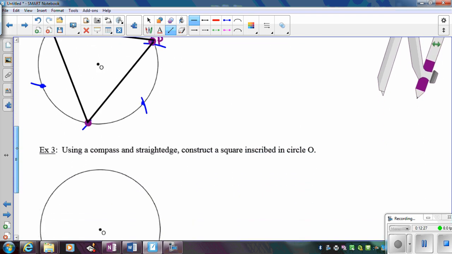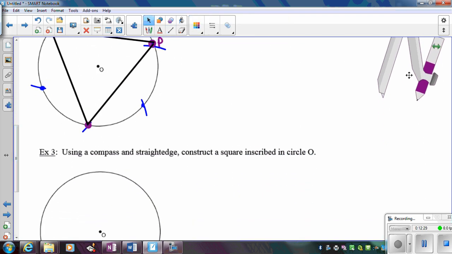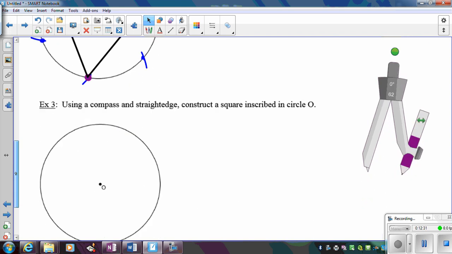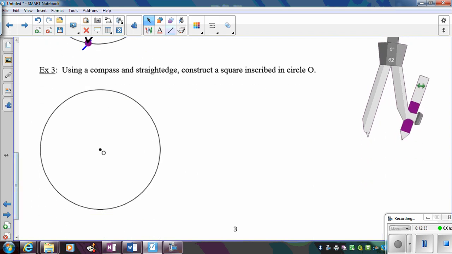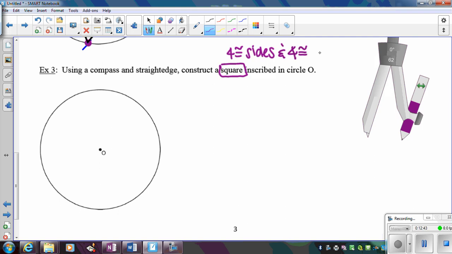The last construction here is using your compass and straight edge to construct a square. If you're looking at a square, you're going to have 4 congruent sides and 4 congruent angles. This construction is going to be a little bit different because you're not using the 6 vertices that we did in the hexagon in the first example.